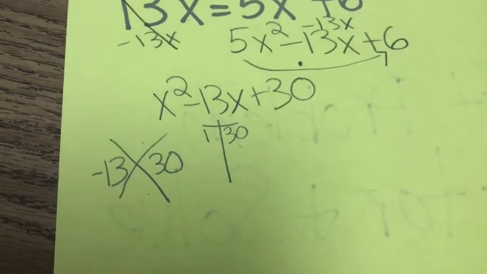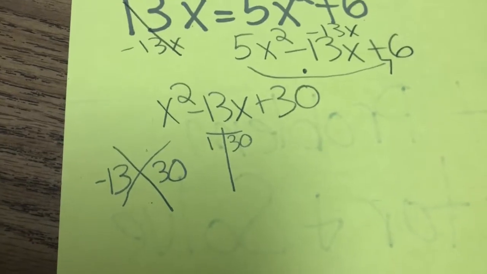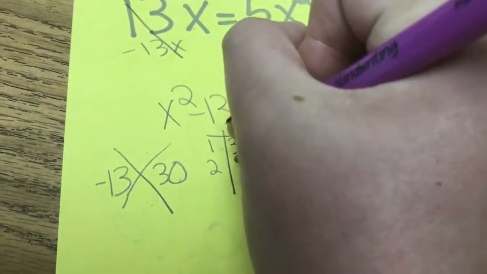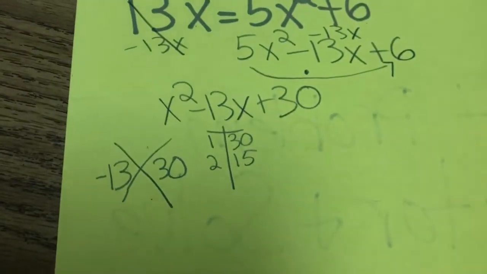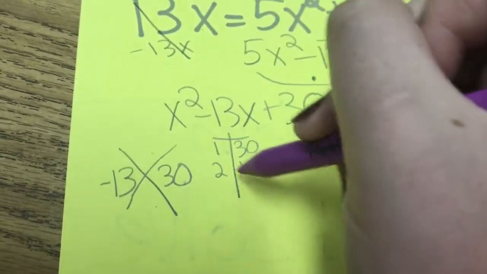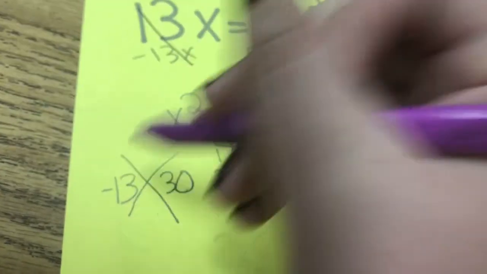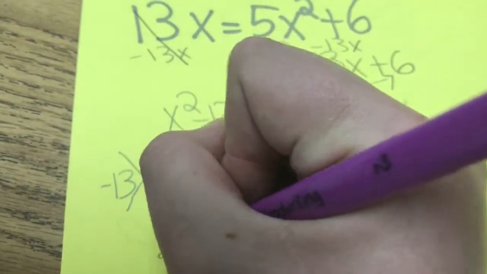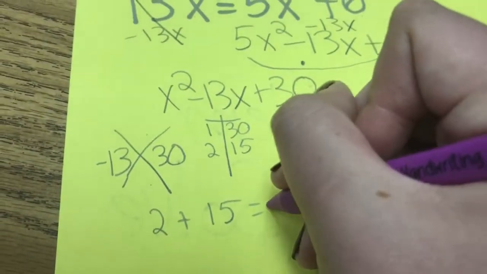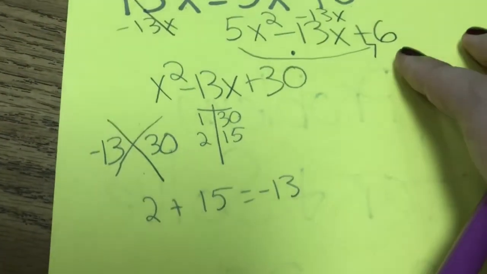We have an even number, so we could always divide by 2, and we would get 2 and 15. So 2 and 15, that would work. So 2, 15, negative 13. So 2, 15 plus to giving us negative 13.